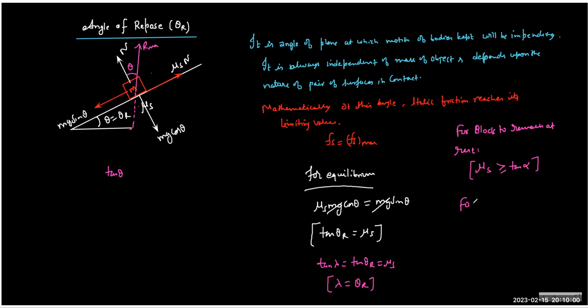In both cases, it will not move. For block to move down the plane, we must check the mu s must be less than tan alpha, where alpha is angle of inclination.